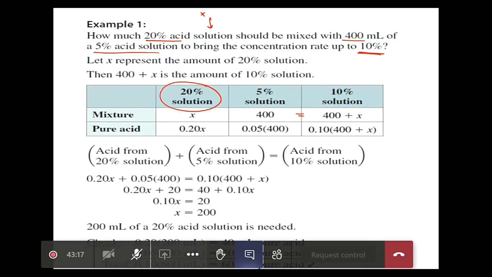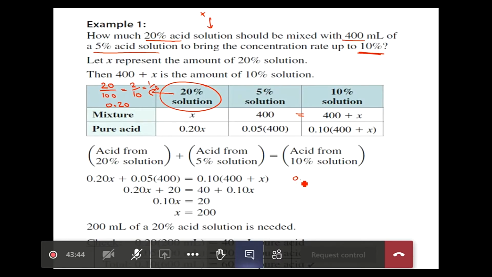So this is the equation. We have 20%, we can write 20 over 100, or 2 over 10, or 1 over 5, or 0.20. We can put it in many forms, okay?